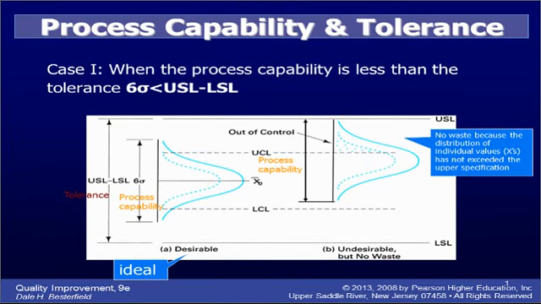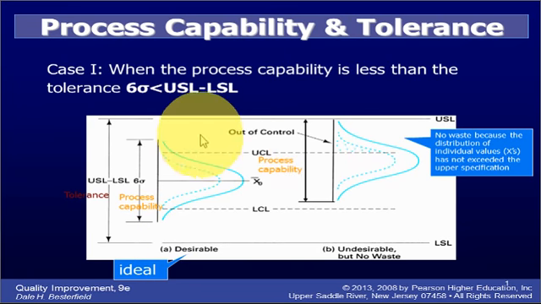In the first case, the process capability is less than the tolerance. So this one is the most ideal situation. Every product in my process is within the upper specification limit and the lower specification limit. So every product is qualified.